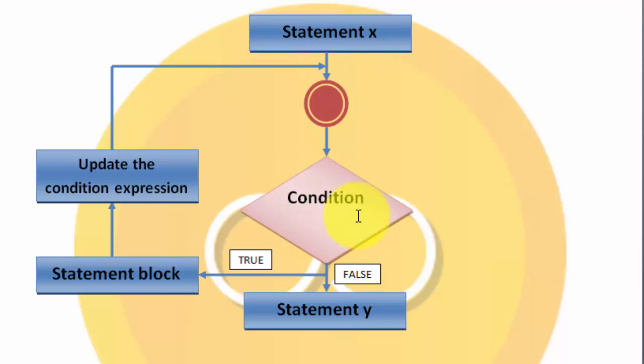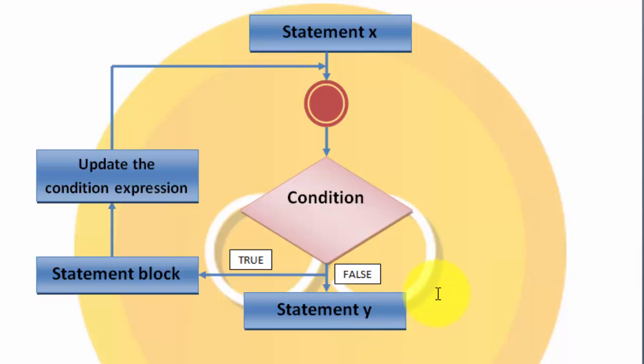If the condition is true, then only the statements will be executed. Else, if the condition is false, the control will jump to statement y, which is the immediate statement outside the while loop block.